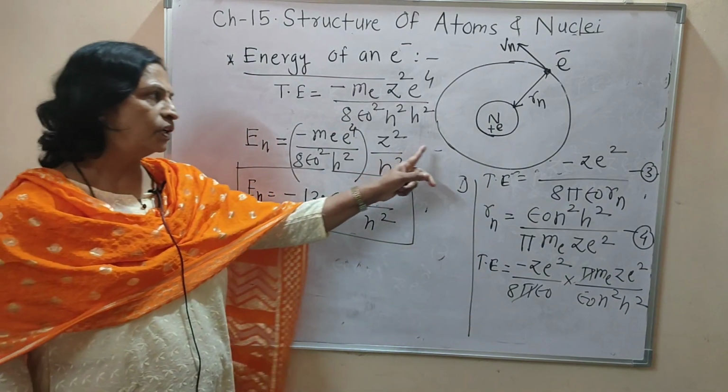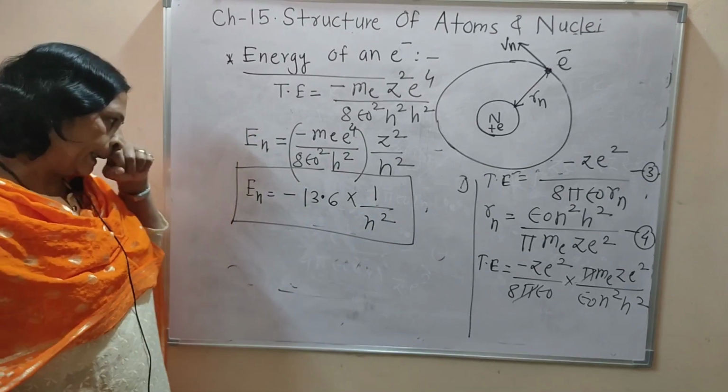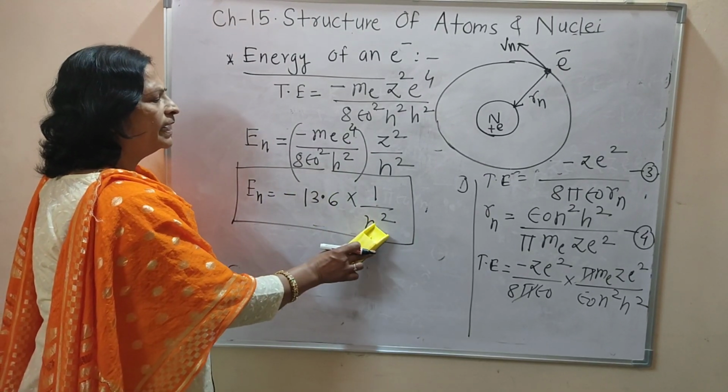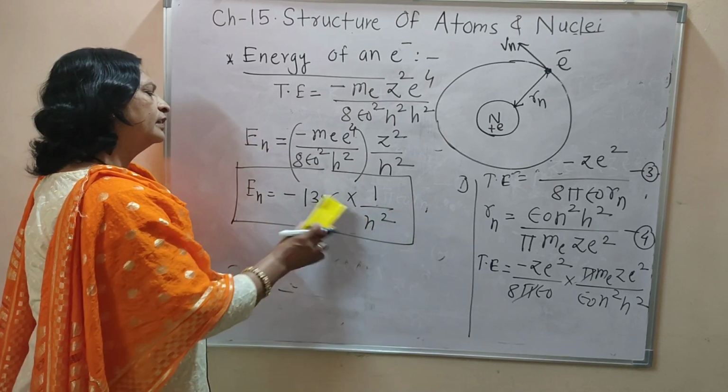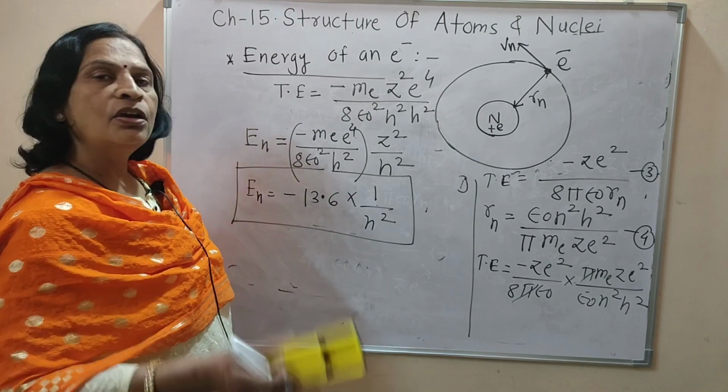Means for hydrogen atom, electron in the first orbit, that is minus 13.6 divided by 1 square, that is nothing but minus 13.6 electron volt.